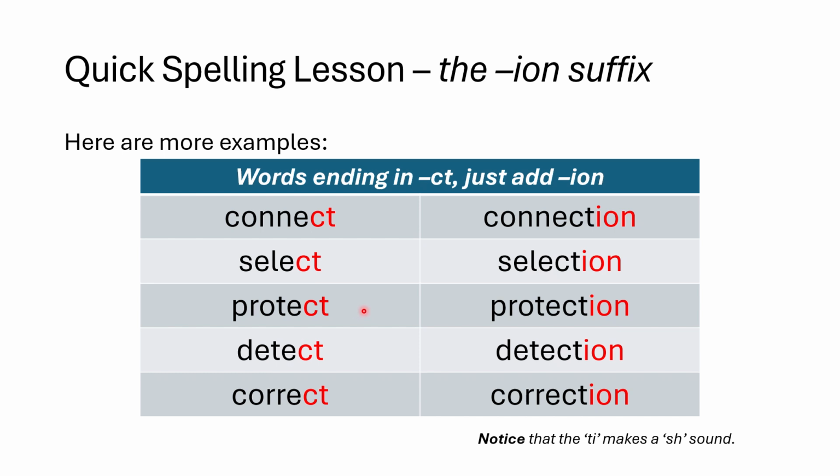The verb is protect. The noun is protection. The verb is detect. The noun is detection. The verb is correct. The noun is correction. Notice that the TI makes a sh sound.